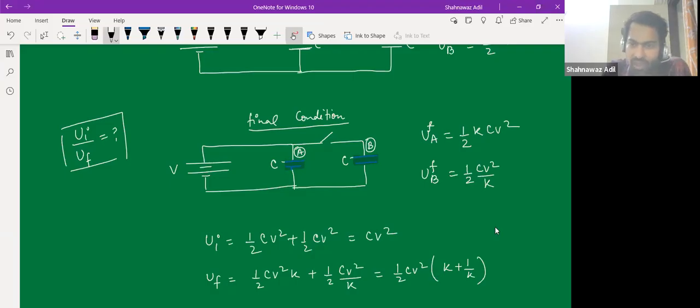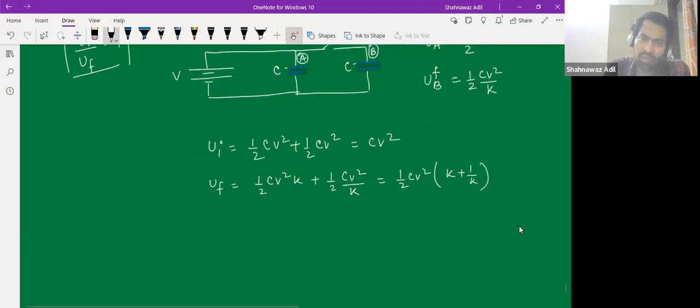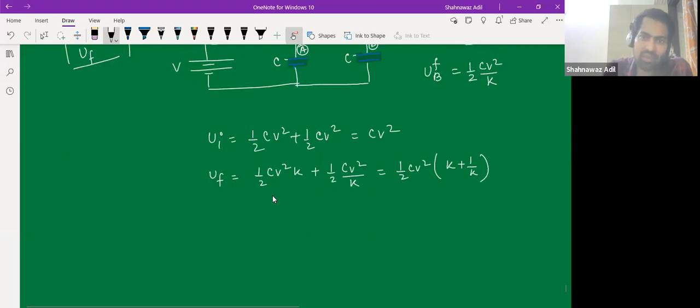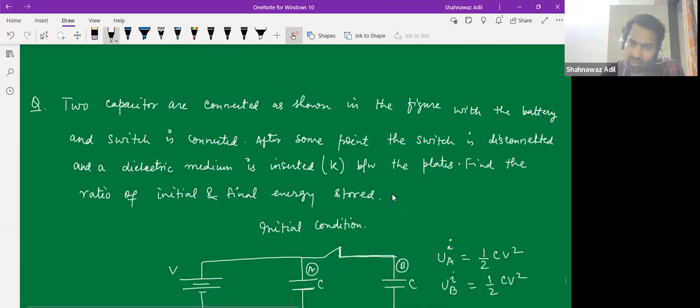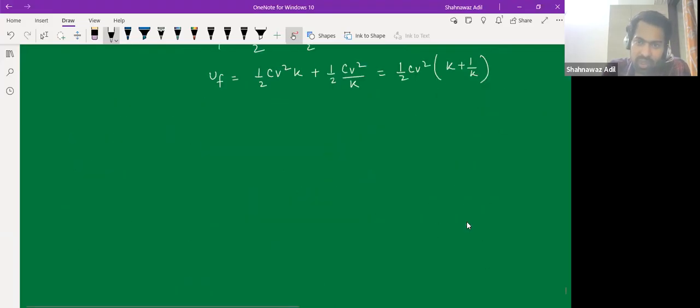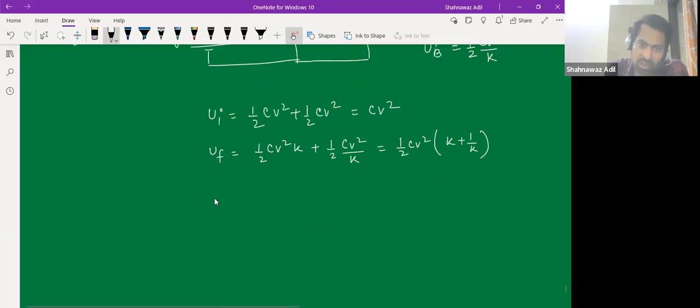If we calculate the ratio, let's say the value of the dielectric constant K is 3. Then U initial by U final would be CV square divided by half CV square times 3 plus 1 by 3.